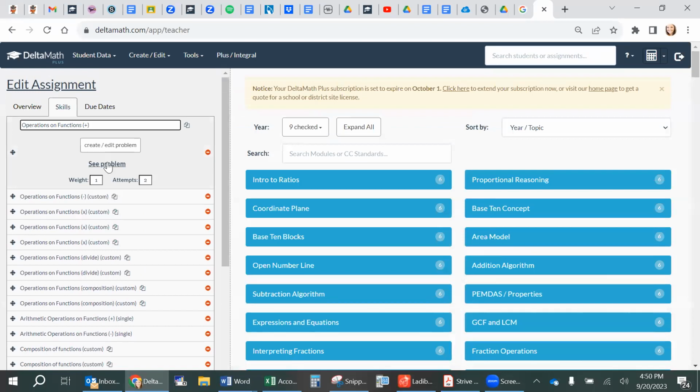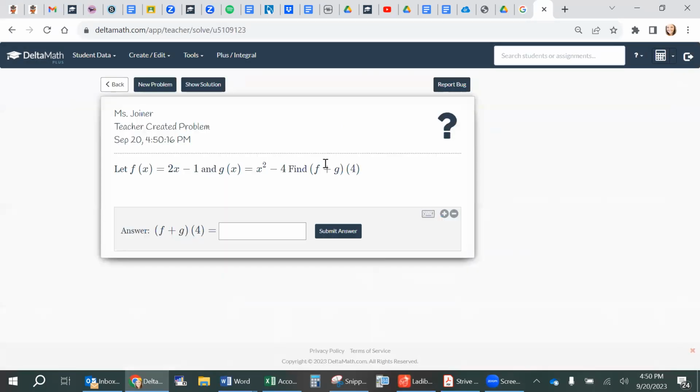So for this first one here, if you want f plus g of 4, then you would say, okay, what's f of 4? What's g of 4? And then just add them up. So that would be f of 4 plus g of 4.